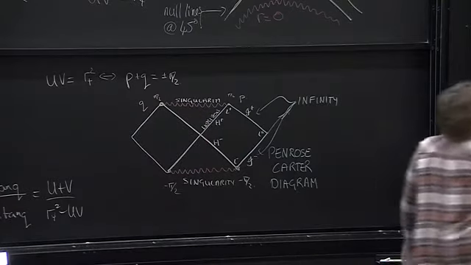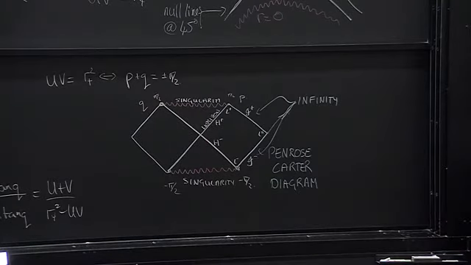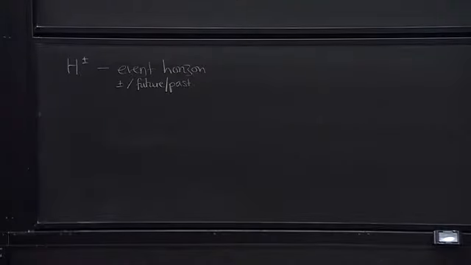So H, obviously, stands for event horizon. And the plus or minus means future or past event horizons. So our future event horizon is the physical event horizon of the black hole. The past event horizon is this formal white hole horizon.